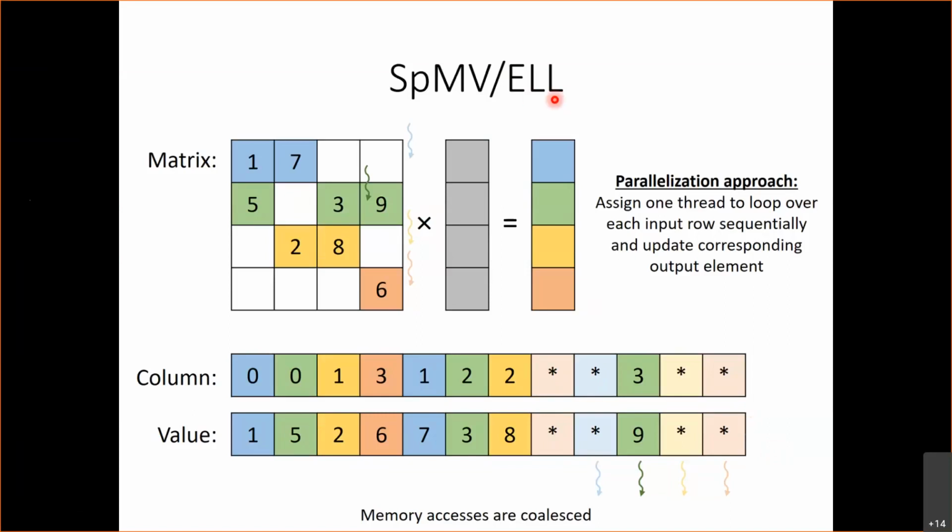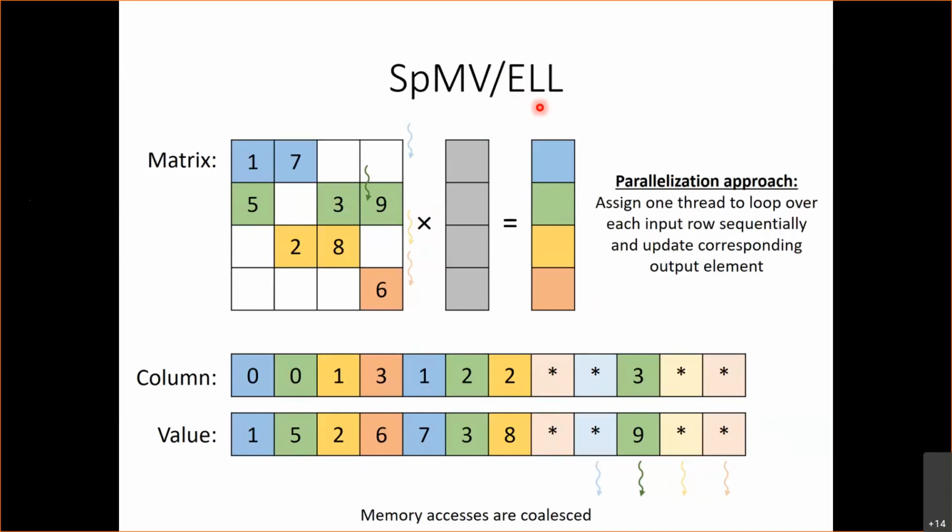We can do the same thing for ELL. We can have the kind of transpose of ELL, where you would make it easy to access the elements of the same column, but then you cannot access the elements of the same row. So we can have a different version of ELL for doing a column-wise traversal, just like we have the CSC alternative to CSR for doing a column-wise traversal.